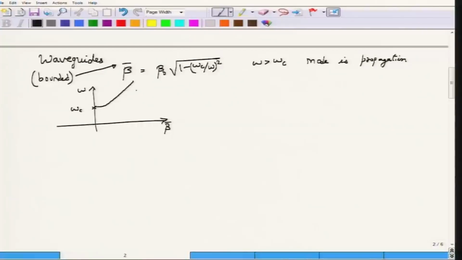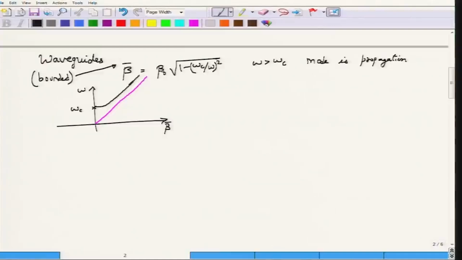For omega being very large compared to omega c, for a case where the operating frequency is so high compared to the cutoff frequency, I can neglect this omega c by omega, and beta bar would approach beta 0, because omega c by omega can be neglected, its square can certainly be neglected, and therefore, the square root of 1 minus a small quantity, that small quantity can almost be taken to 0, and this would be equal to beta 0. So, for very large frequency, this particular beta versus omega curve will approximate the beta equal to beta 0 curve.